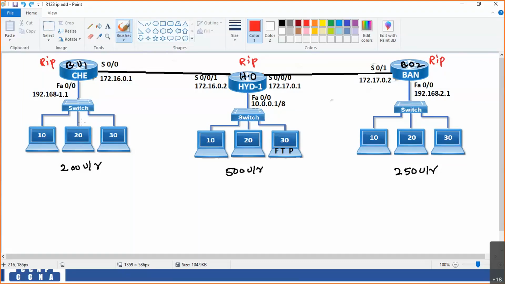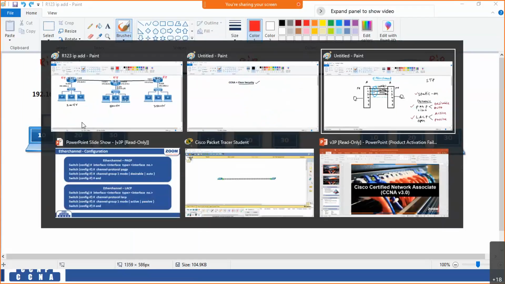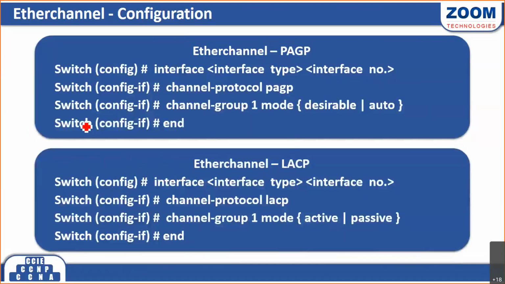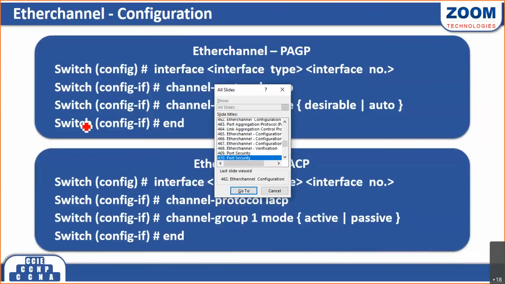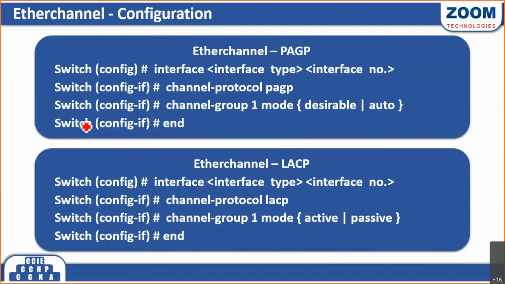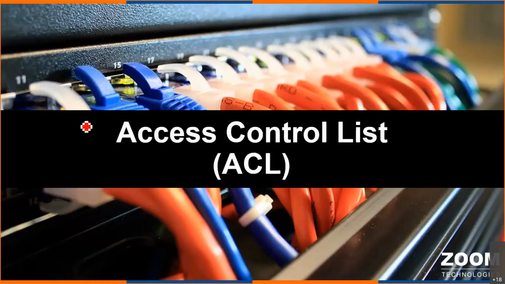So how can we control the users? We need to configure a basic firewall, which we call an ACL, access control list. What does a firewall do? It controls unauthorized traffic, and the same thing ACL does.